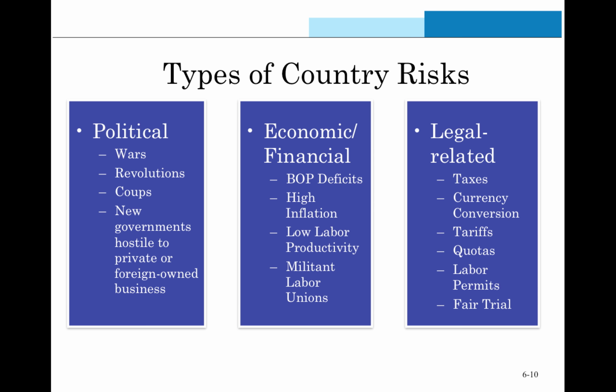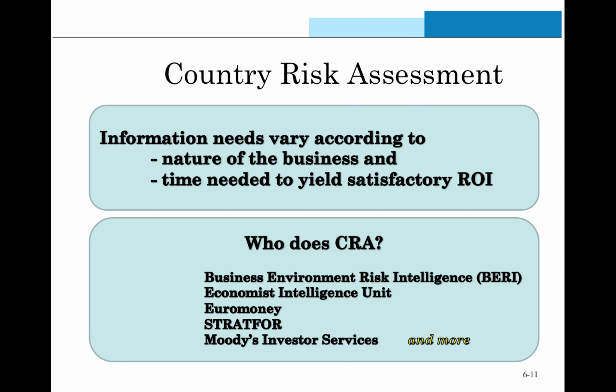You've seen in the previous video what economic and financial risks look like with high inflation, and dangerous wars and revolutions, high levels of terrorism for political risks, and then if there is basically an unfriendly business environment, there could be high taxes, there could be high tariffs. You've got issues with quotas, labor permits. We need to be careful what country we do business in.